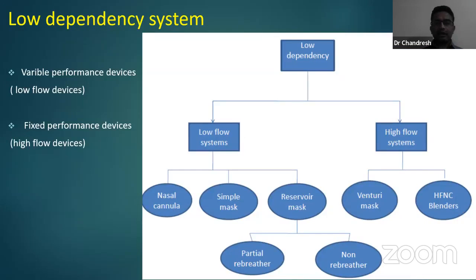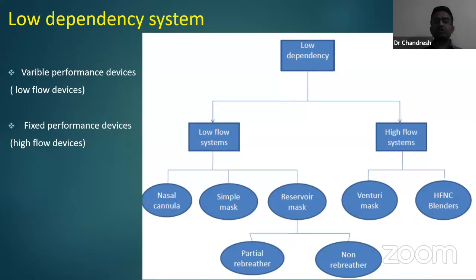Again, dividing these devices into major flow systems: low flow system and high flow system. The flow rate which generally goes more than 15 liters per minute, they all come under high flow systems. Here, the nasal cannula, simple mask, reservoir mask, partial rebreathing mask, and non-rebreathing mask all come under low flow system.